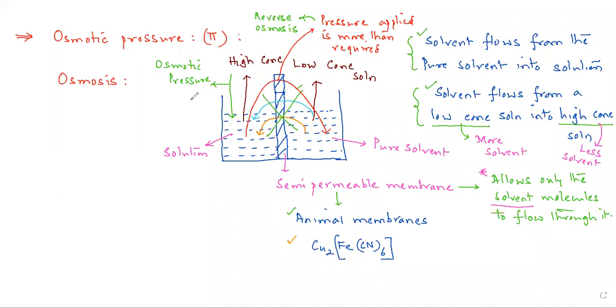This minimum pressure applied on the solution to prevent the flow of the solvent into the solution is called osmotic pressure. And if a pressure more than that required is applied on the solution, the solvent flows in the opposite direction. This is called reverse osmosis. Reverse osmosis technique is generally employed in desalination of water. Okay.